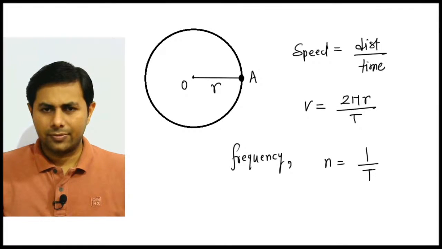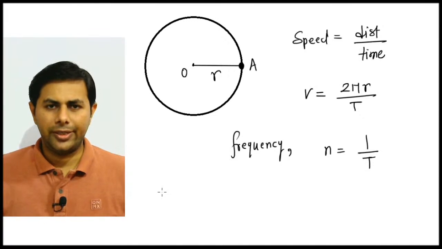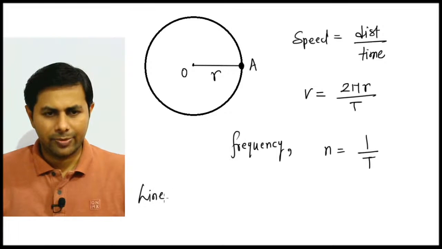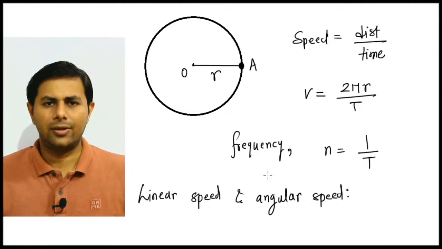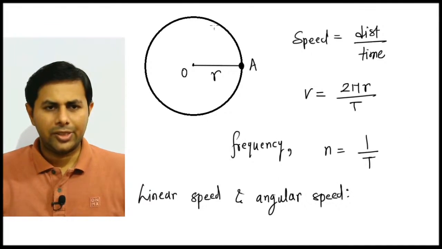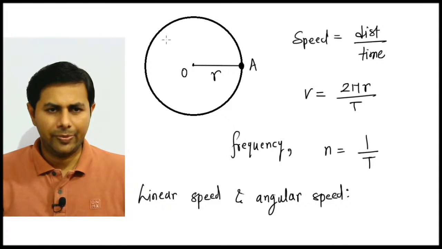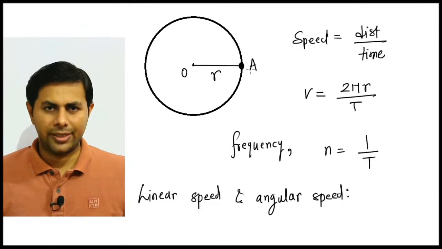Now let's find the relation between linear speed and angular speed of this object. If this object moves along circumference of the circle and if it completes one revolution, then how much will be the angle covered in radians?